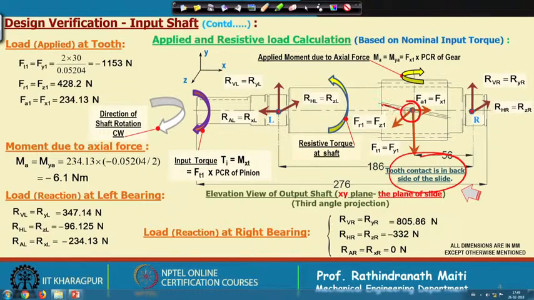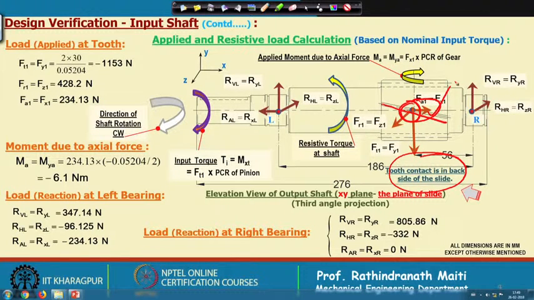So, when this tooth is coming like this, it was pushing the gear of the intermediate shaft in the upward direction, and that is why, due to this helix angle, the axial force has to become in this direction. This is the axial force.